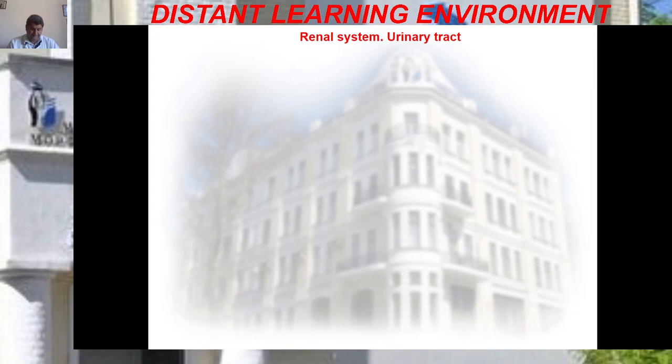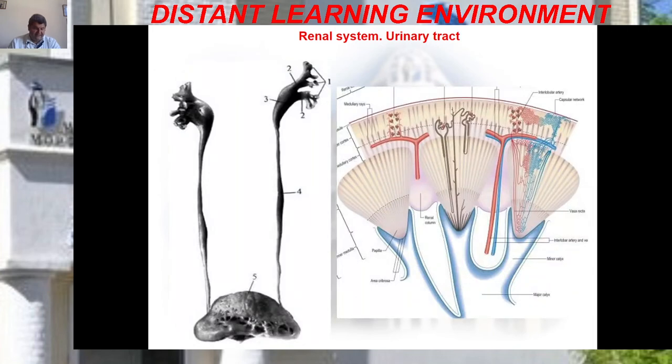So, the ureter is a tube about 30 centimeters long, you may see it here, with a diameter of 4-7 millimeters. From the pelvis renalis, the ureter passes behind the peritoneum, downward and medially into the true pelvis, where it extends to the floor of the urinary bladder.